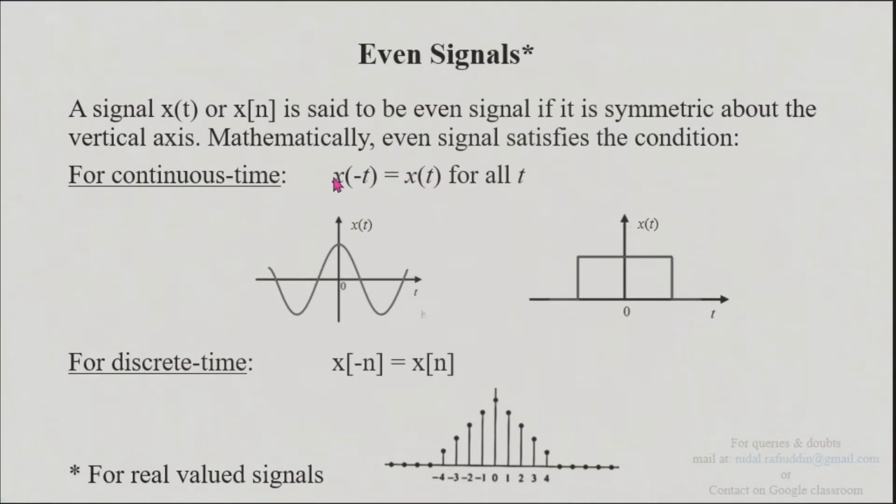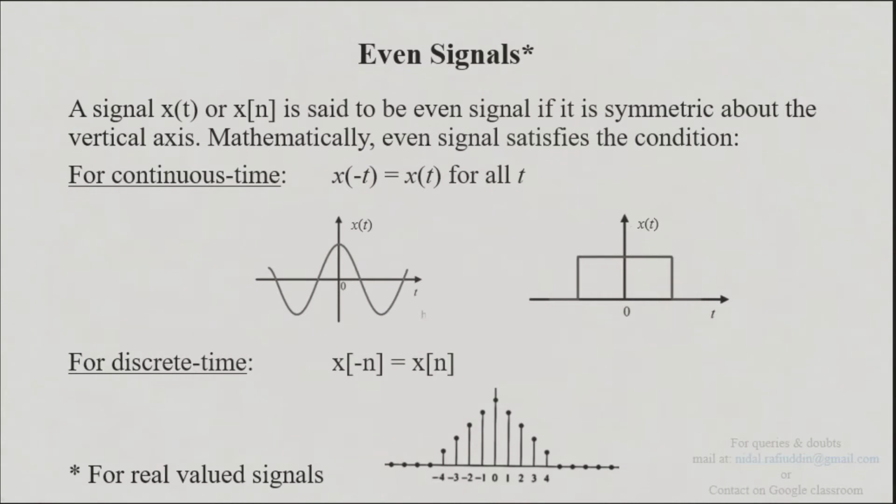So qualitatively, this means that we are trying to change the variables, the positive by negative and the negative by positive, and we are going to get values the same as those of the original signal, which means that all the values of x corresponding to negative t will be equal to the values of x corresponding to positive t.